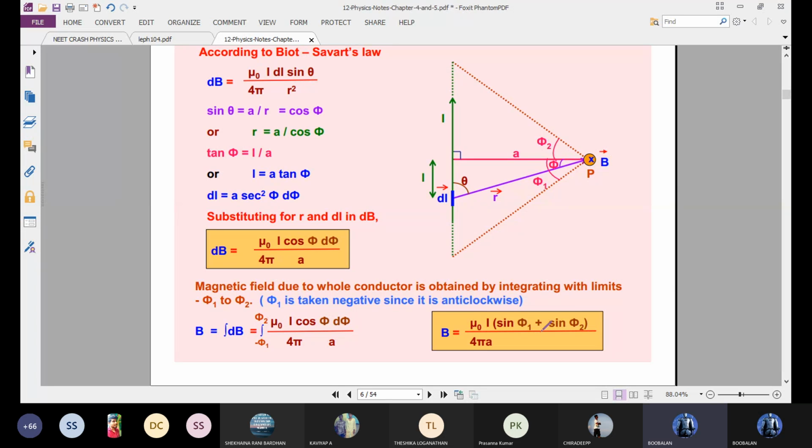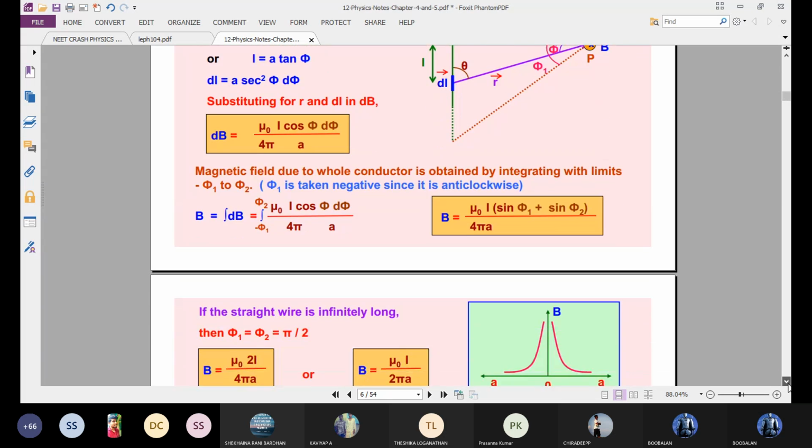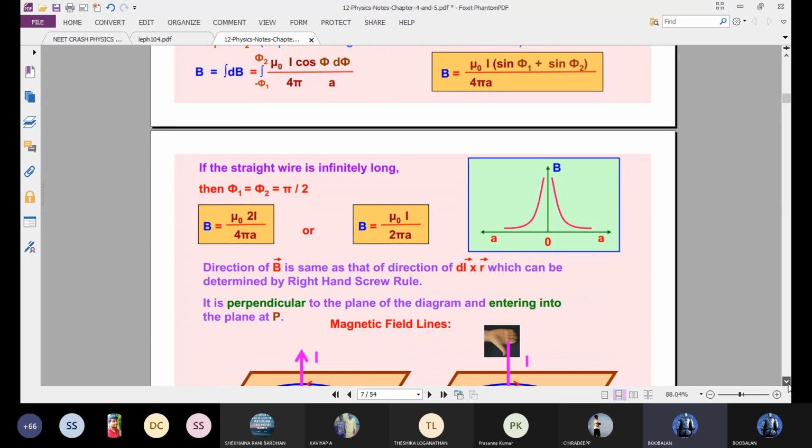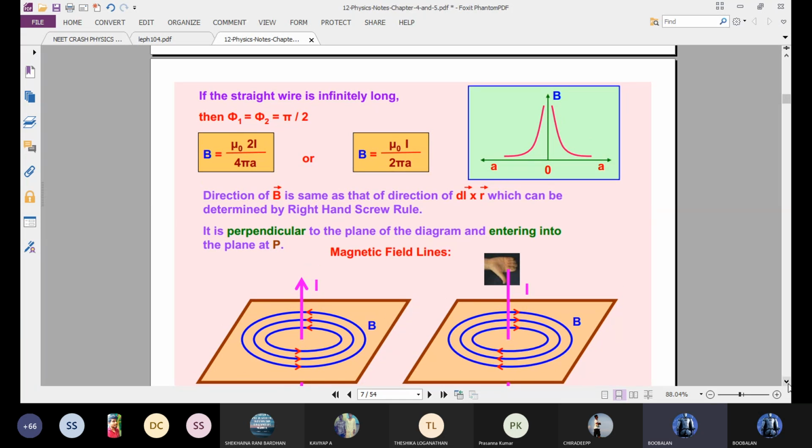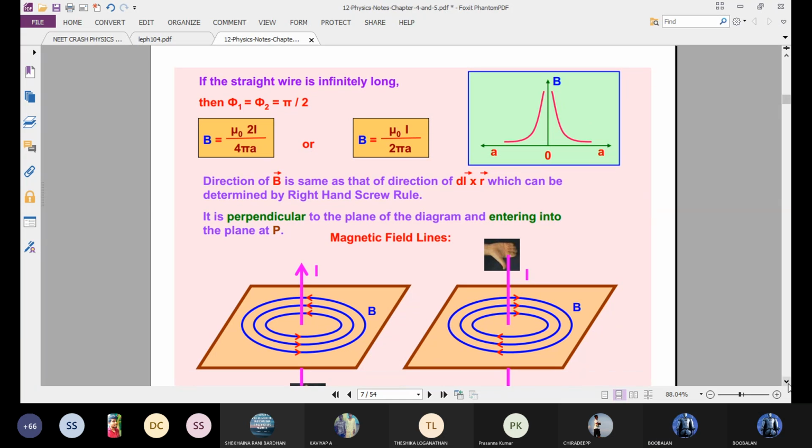Okay. So now we are applying some conditions. If the conductor XY has pi 1 value and pi 2 value equal to pi by 2, that is 90 degrees. Next condition: pi 1 value and pi 2 value are both 90.